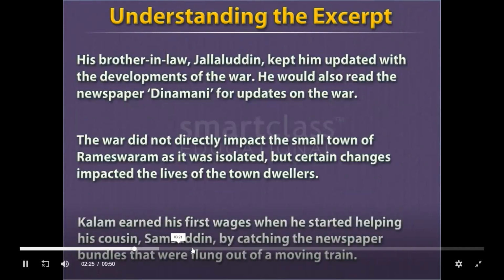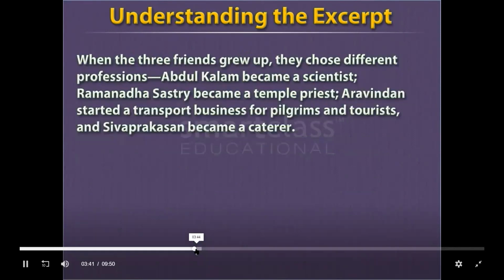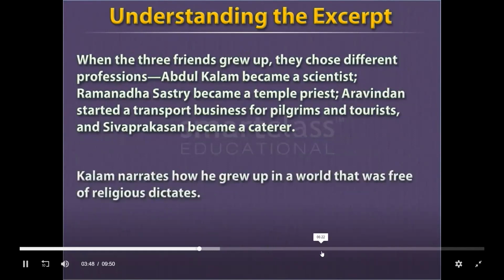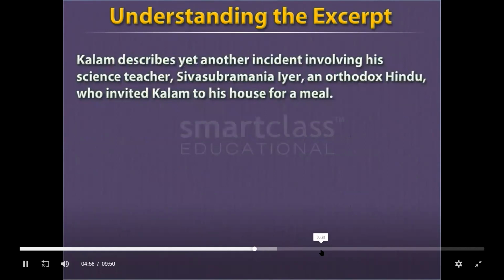Kalam earned his first wages when he started helping his cousin, Samsuddin, by catching the newspaper bundles. Kalam narrates how he grew up in a world that was free of religious dictates, involving his science teacher, Siva Subramanya.